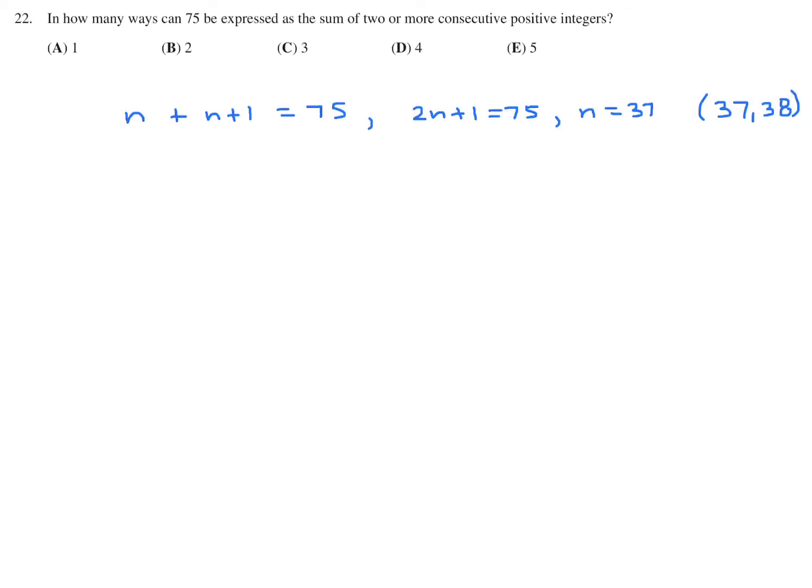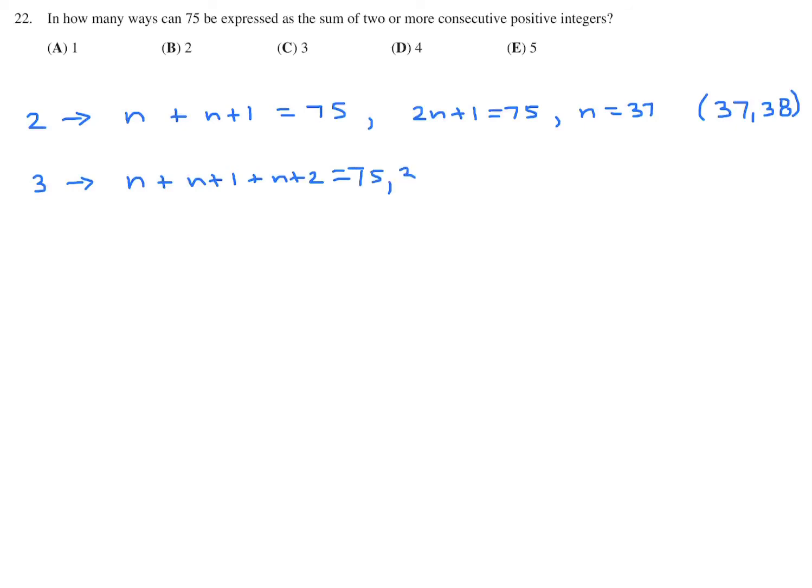Now let's look at other possible combinations. So the next one is going to be 3 integers, n, n plus 1, n plus 2, like that. So this was 2. This is going to be 3 consecutive integers, and that equals 75.